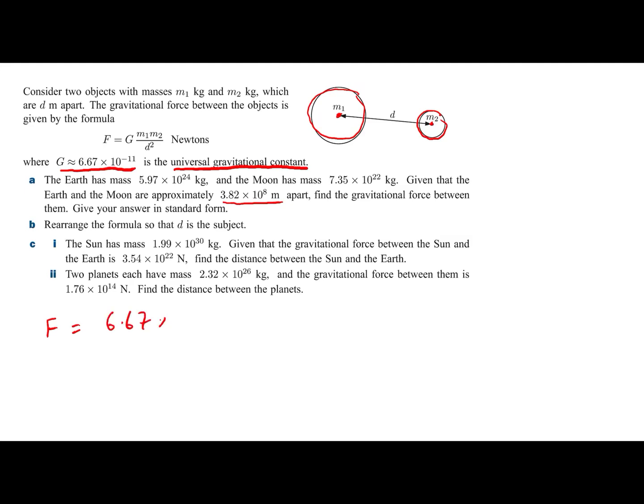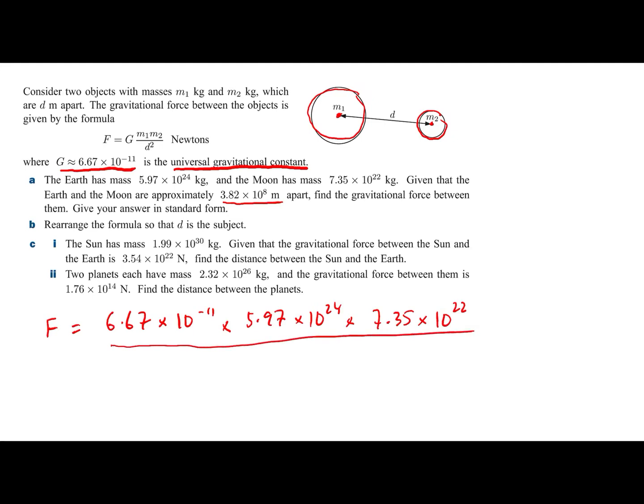So the gravitational force is equal to the gravitational constant, 6.67 times 10 to the negative 11, times the mass of Earth, 5.97 times 10 to the 24, times the mass of the Moon, 7.35 times 10 to the 22, divided by the distance between them squared. 3.82 times 10 to the 8 squared means times it by itself.